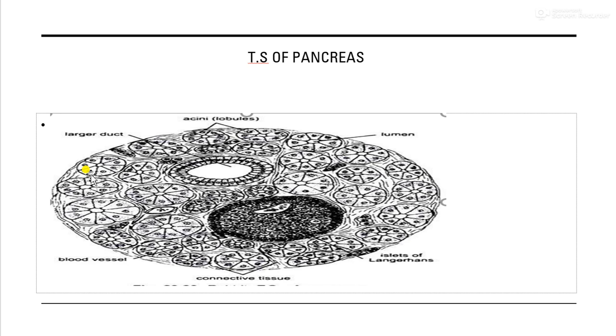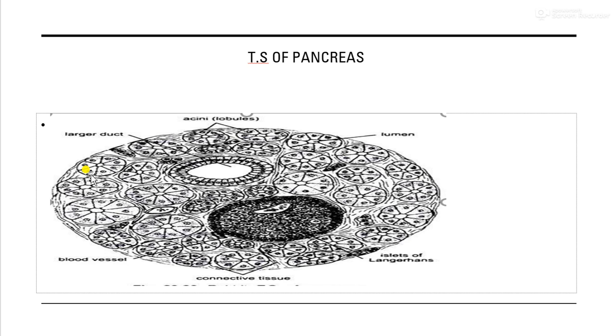Enzymes secreted involved in the digestion of fats include lipase, phospholipase A2, lysophospholipase, and cholesterol esterase. Enzymes that break down starch and other carbohydrates include amylase.